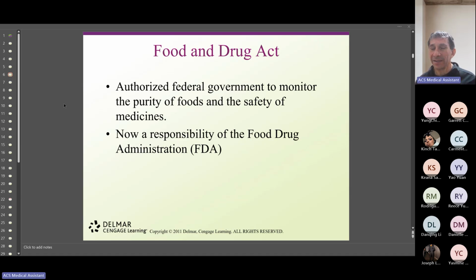So again, this is a federal regulation. Remember, they monitor the purity of the foods and the safety of the medications. When we get to pharmacology, I'm going to tell you how these pharmaceutical companies manufacture these medications, what regulations, what guidelines, what policies they have to follow.